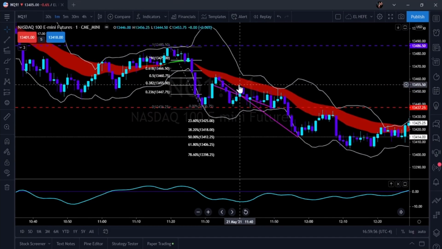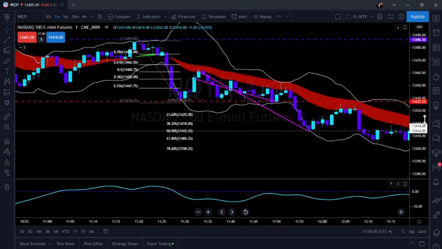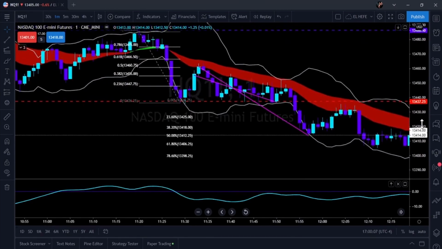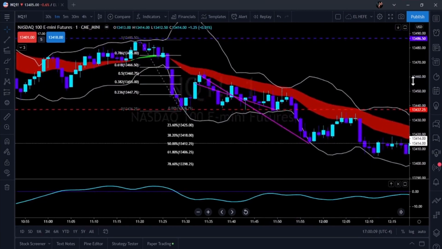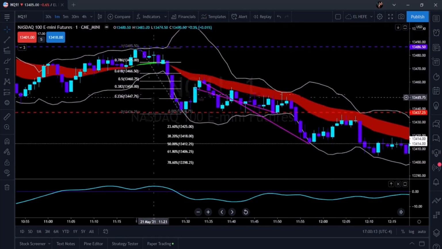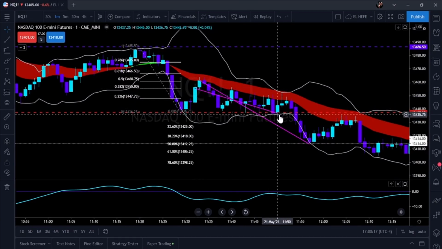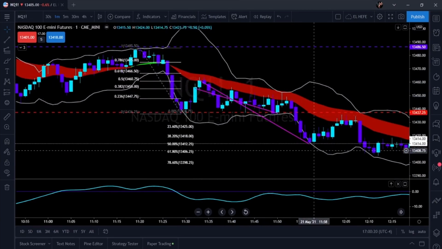Well, I'll tell you how I would manage this trade. I should have done this before. This is a perfect example of what is going to happen to you when you manage your trade tight. Theoretically, the trade worked out perfect. Hit there, come up here, and it hit there.